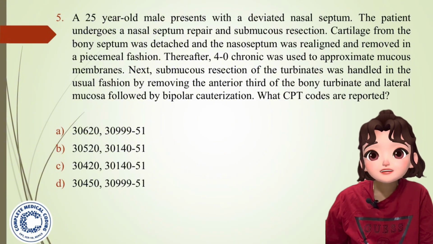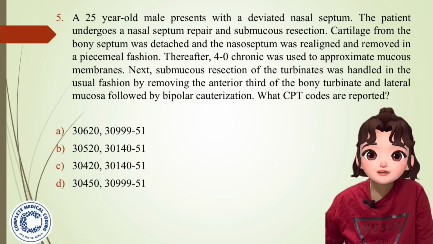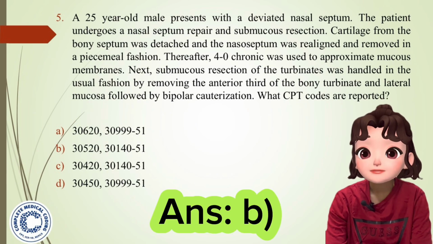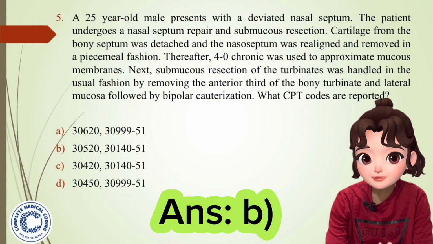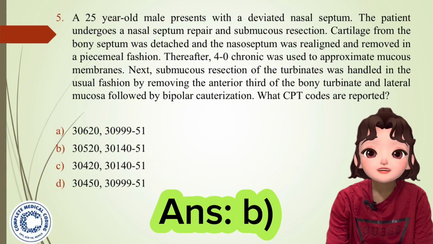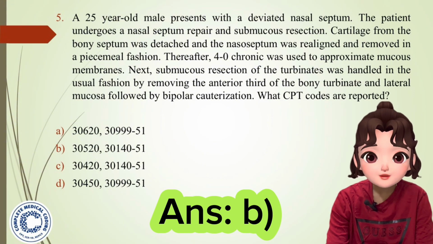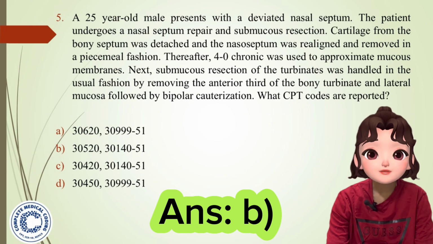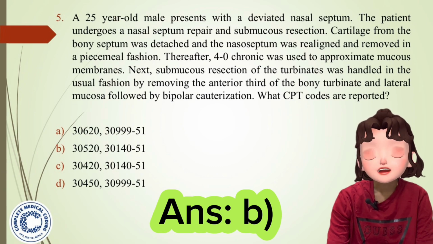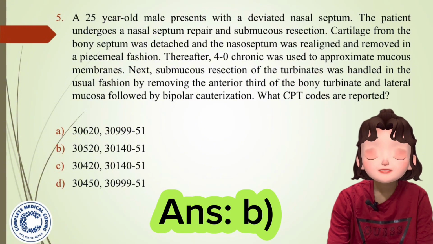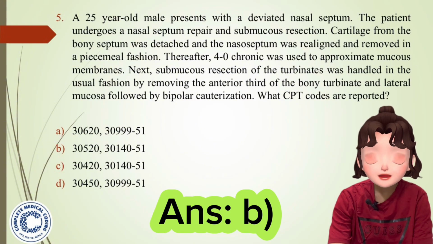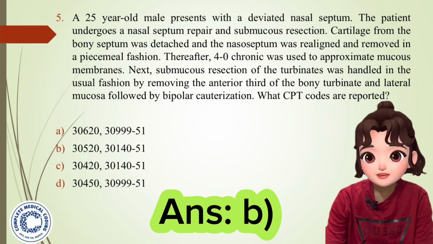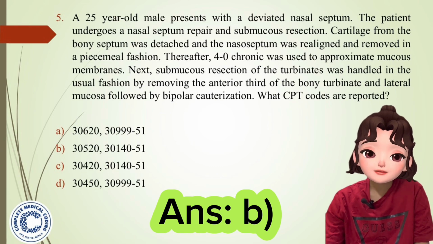Since the correct code is only in option B, the answer will be option B, 30520 for the septoplasty, nasal septum repair. Along with 30140 for the submucous resection code, appended with the modifier 51 to mark it as a multiple procedure. 51 modifier is multiple procedure.